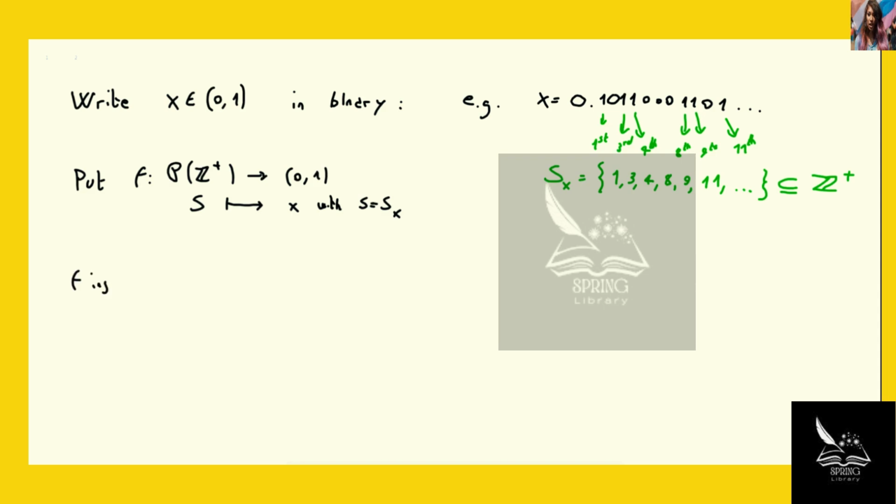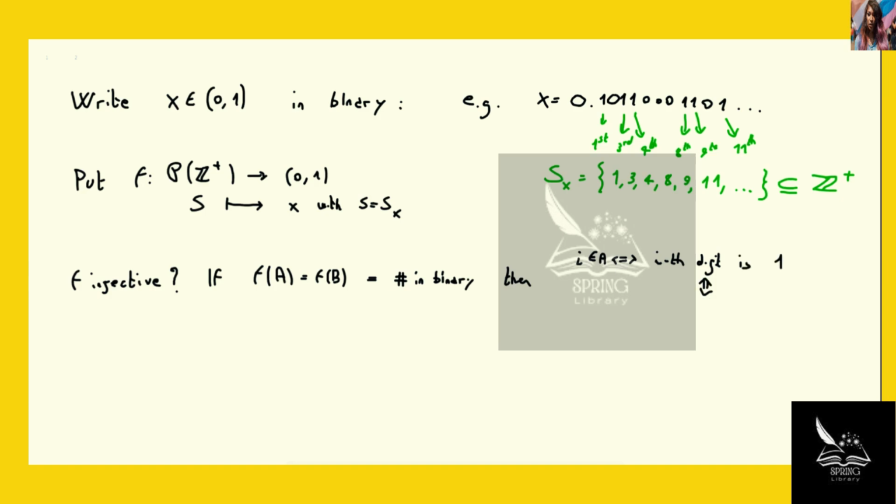So now, is this function injective? Let's assume that f of the set A is equal to f of the set B. And of course, this is a number written in binary. Then we know that the integer i is in the set A if and only if, by definition of f, the ith digit of this number written in binary is a 1.